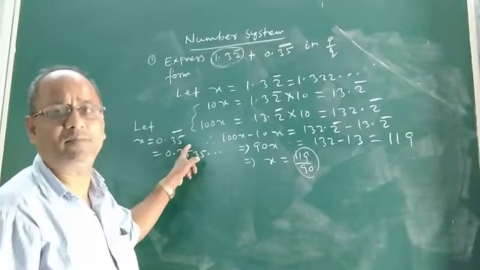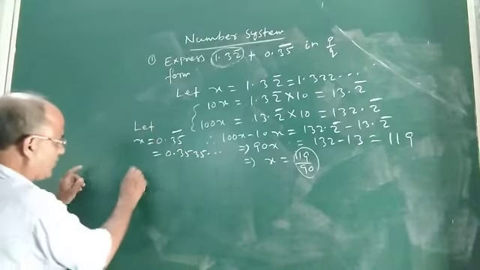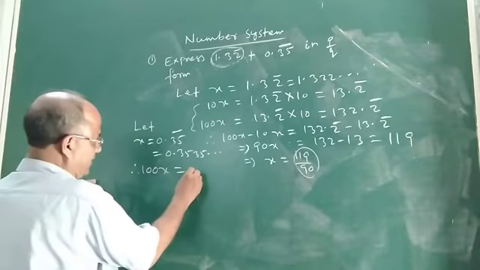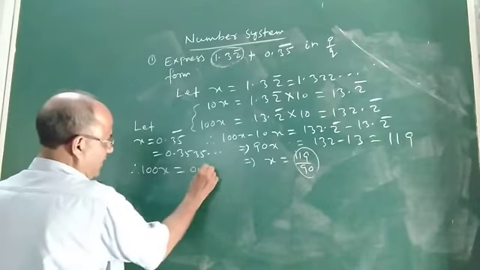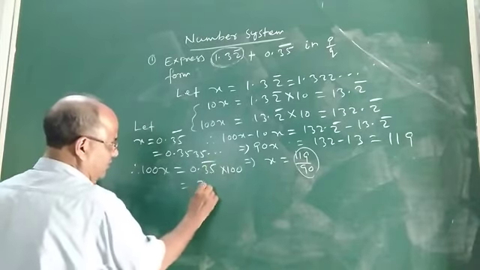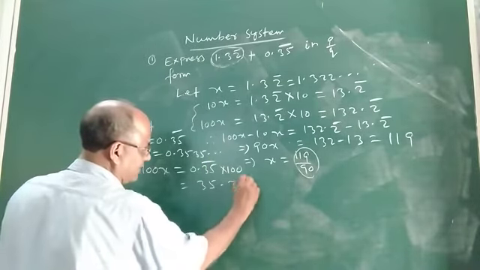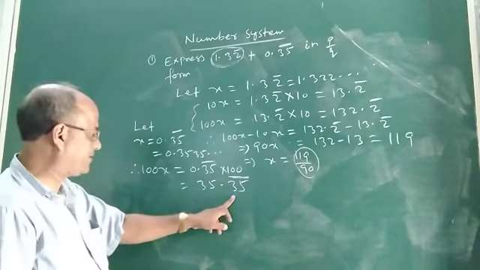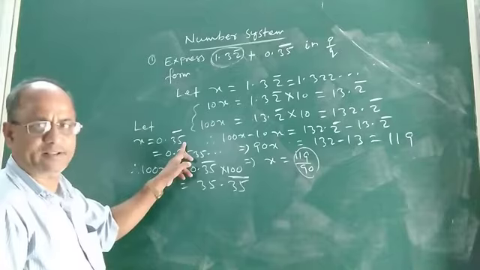So we have to multiply by how much? 100. So multiply x by 100. Therefore 100x will be 0.35 bar into 100, so it will be 35.35 bar. Now 100x is 35.35 bar and x is 0.35 bar.